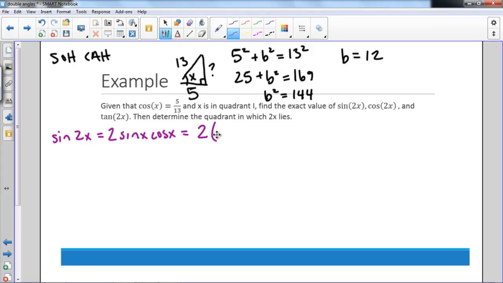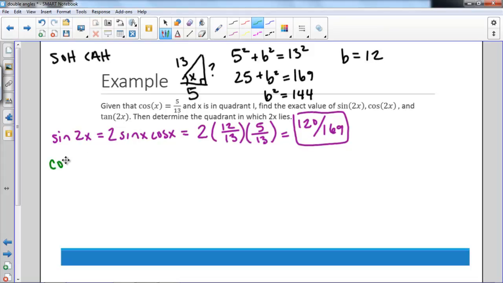Sine of x is going to be opposite, which we just found to be 12, over hypotenuse, which is 13, times cosine x, which was given 5 over 13. Simplifying all of this, I'm going to get 120 over 169. And that's going to be the value of sine 2x.